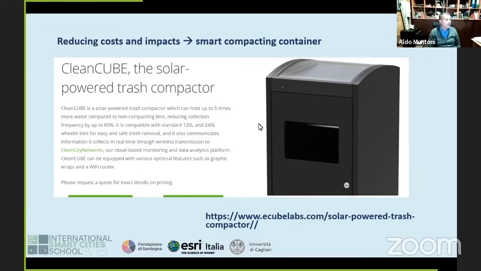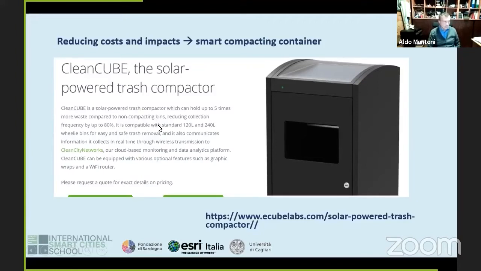It is a smart container which uses solar power to operate a small compactor, so that the waste is compacted into the street container in order to reduce the collection frequency.